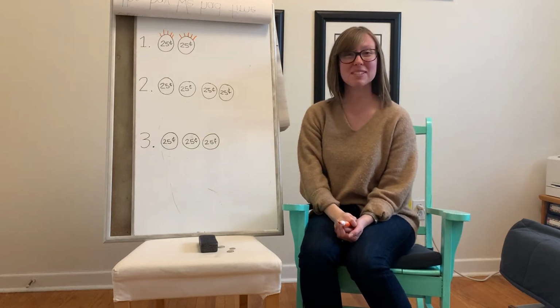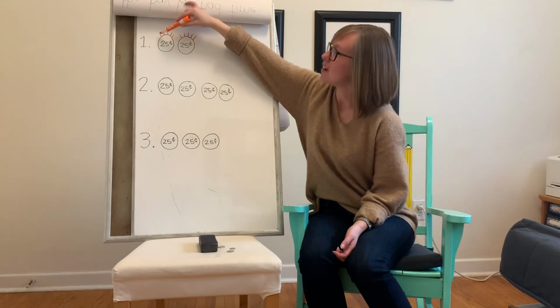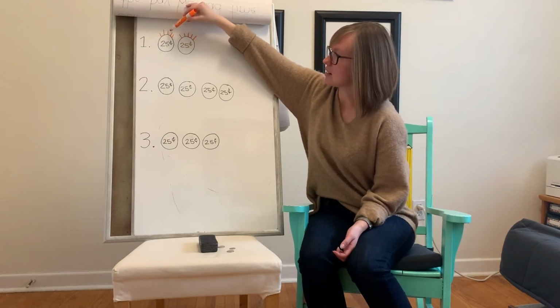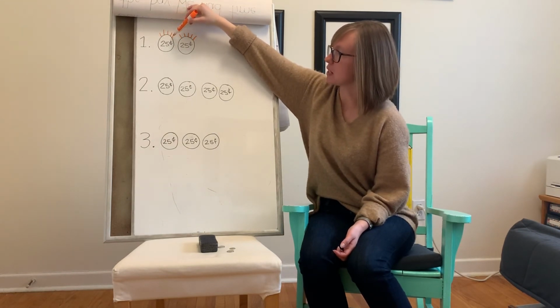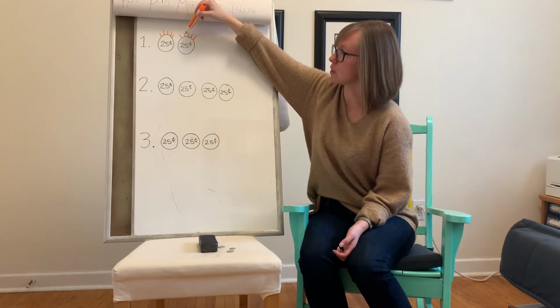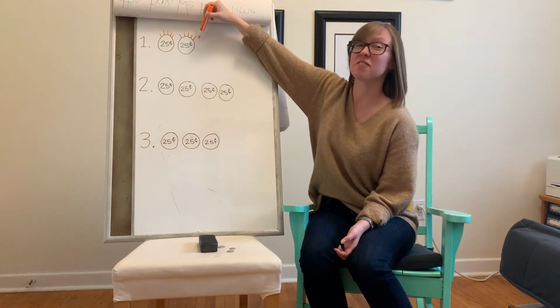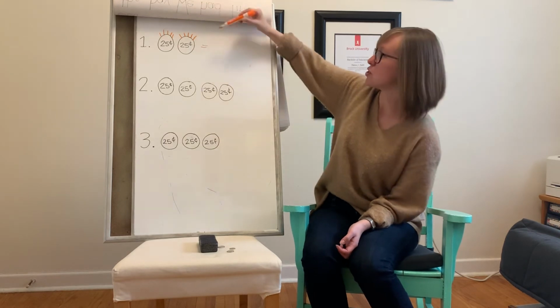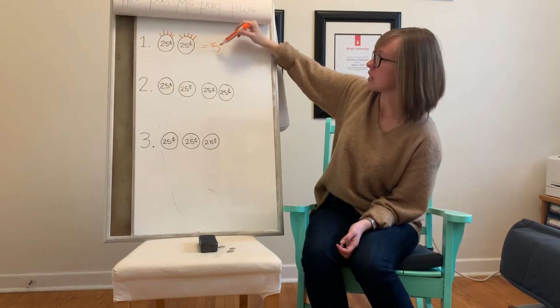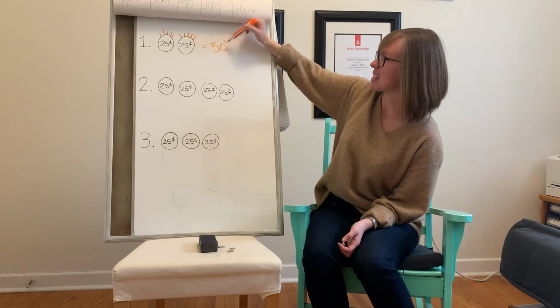So let's skip count together to see. 5, 10, 15, 20, 25, 30, 35, 40, 45, 50. 2 quarters equals 50 cents.